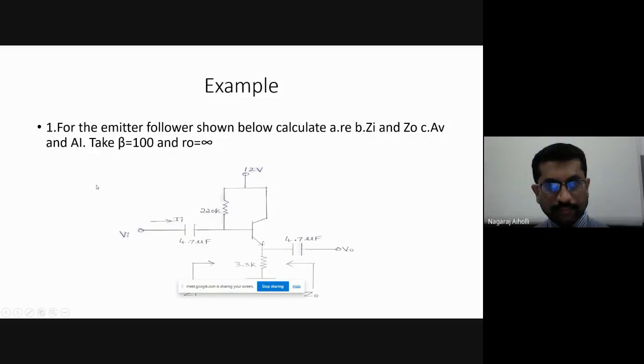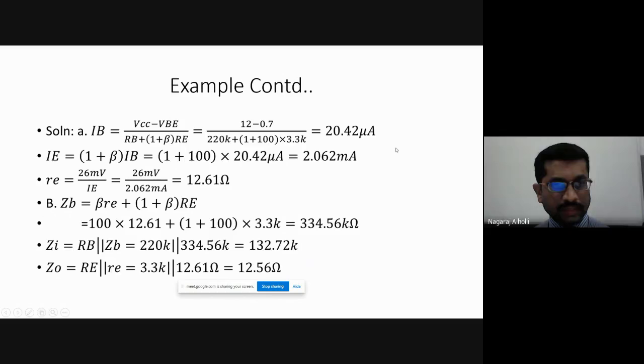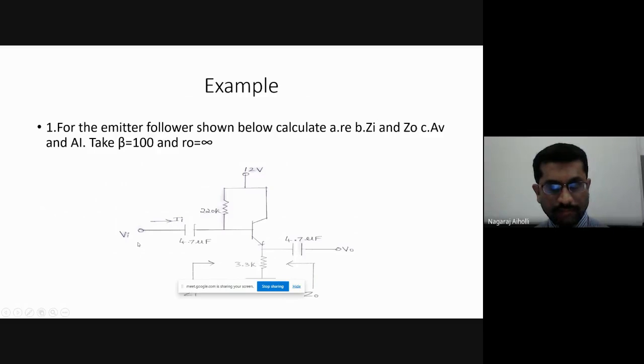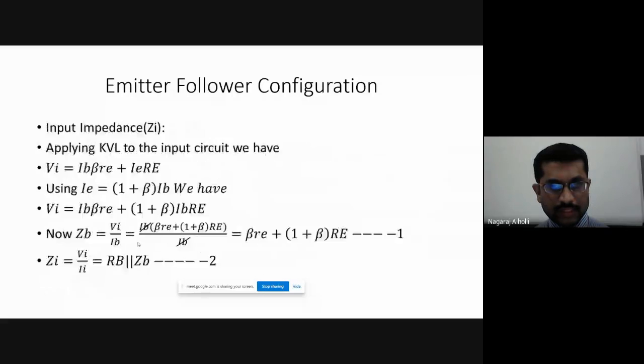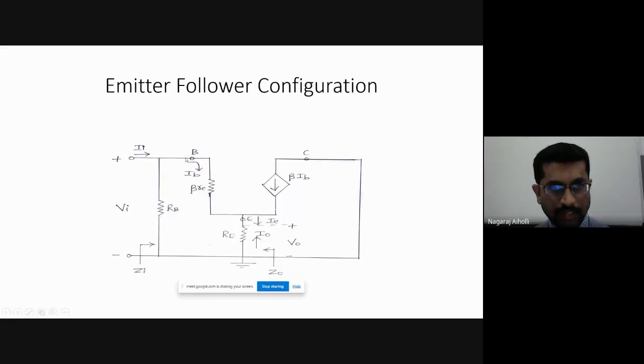Next, what have they asked? They have asked for ZI and Z0, the input impedance and output impedance. First, let us find the value of ZB, because we know the equation for ZI, the input impedance, as RB parallel ZB. Looking into this circuit, this resistance RB is in parallel with ZB.